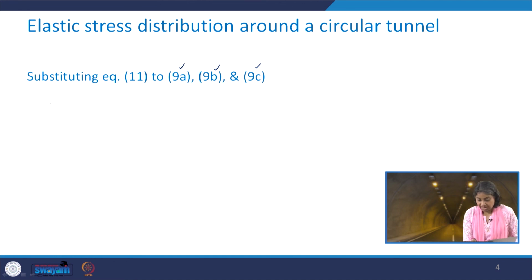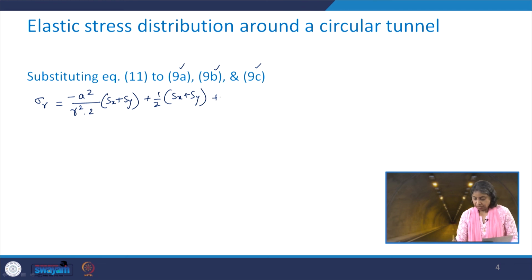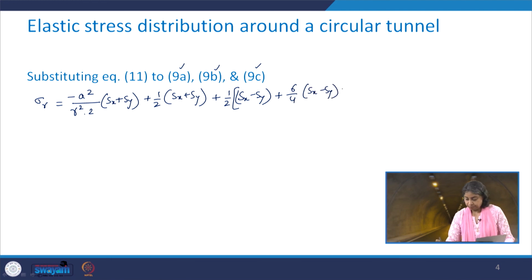this is what we are going to get: sigma r equal to minus a square upon r square into 2 sx plus sy plus half sx plus sy plus half sx minus sy plus 6 upon 4 sx minus sy a to the power 4 r to the power minus 4 minus 2 sx minus sy a square r to the power minus 2 into cos of 2 theta.